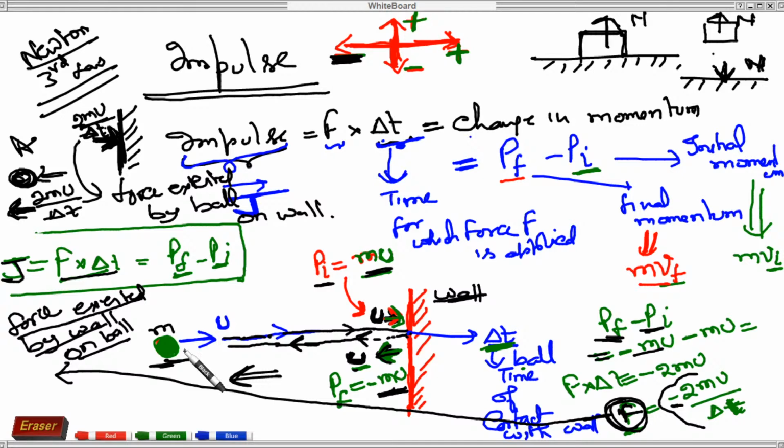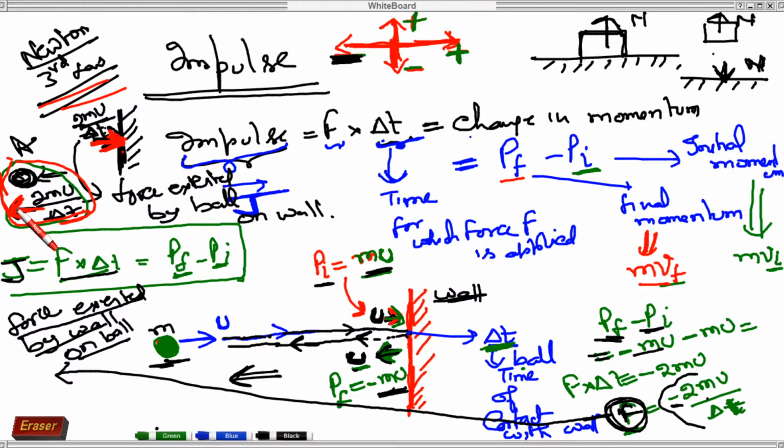What is the force on the ball? The force on the ball will be this much, but in this direction, as I showed you here. Force on the ball will be in this direction, 2mu over delta t, and as per Newton's third law, there will be an equal and opposite force. So the wall will also experience the same force, 2mu.